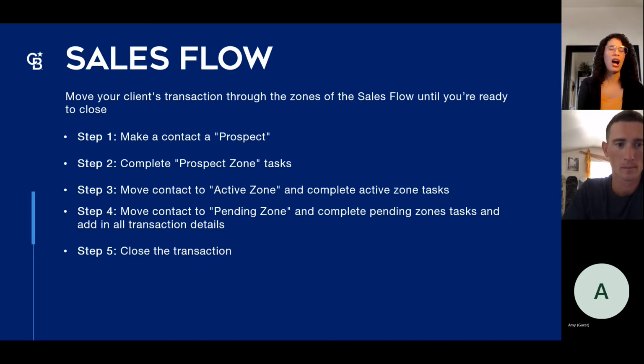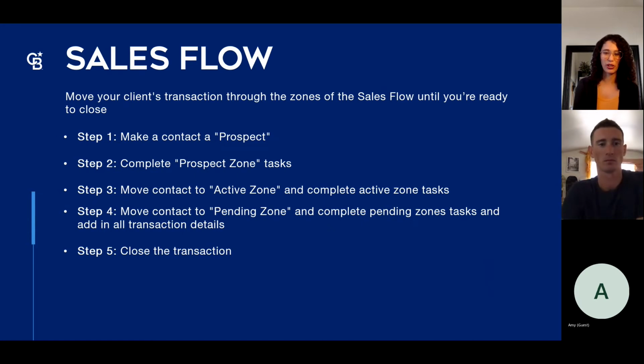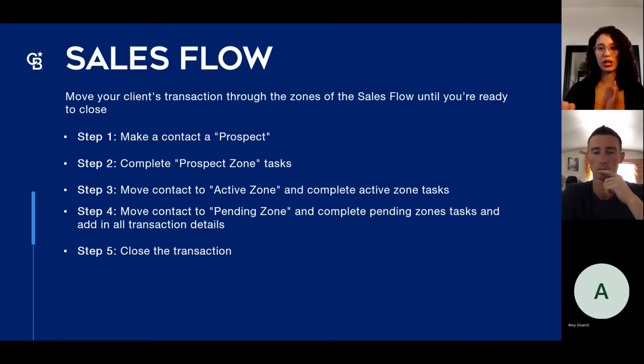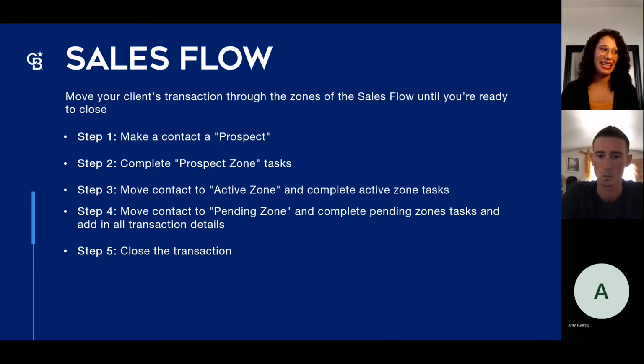So why is it that we want to make sure we're using these prospecting zones? By communicating with the program, letting it know that Susan Smith is a prospect, and that I want to make sure I'm always touching base with Susan Smith because she might be reached out to by another agent. Their family member might be an agent.